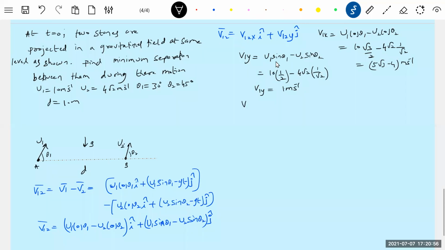So what is this equation V12 bar? Our problem will get over once you write this. Keep it here. What should we do with this? Then immediately draw a triangle. First you draw a triangle. So what is the triangle?